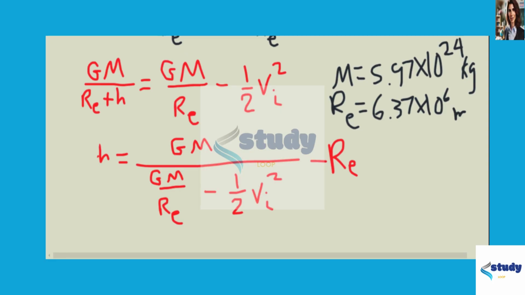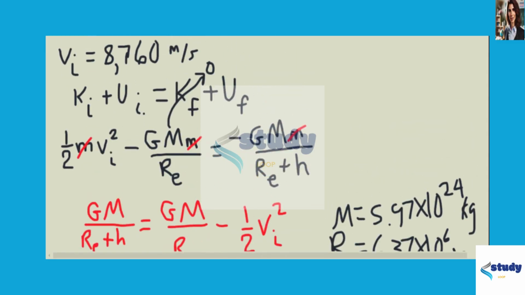minus 1/2 v squared. V was 8,760 meters per second squared. That gives me about, I'm looking for my stylus so I can write this.